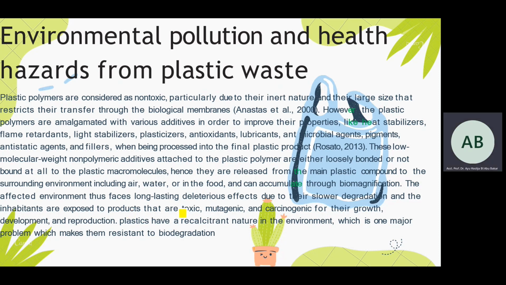And some of it is mutagenic. What do you understand from this term? Mutagenic. Cause mutation to the cell. It also affects reproduction. So sometimes the reproduction of perhaps the animals is affected by the plastic itself. Apart from other types of chemicals, after other types of exposures.